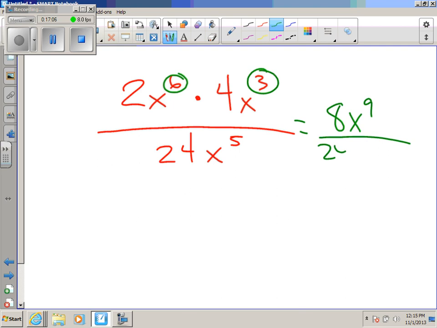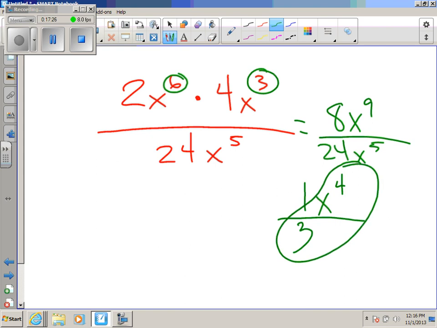And then 24, x to the 5th. 8 and 24, they both have 8 in common. So I have 1 8 up top and 3 on the bottom. And I have how many more x's up top than the bottom? So 1x to the 4th over 3, or just x to the 4th over 3 is fine.